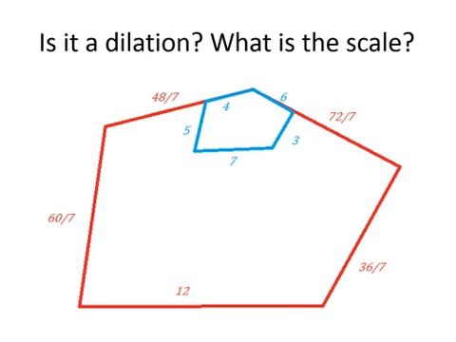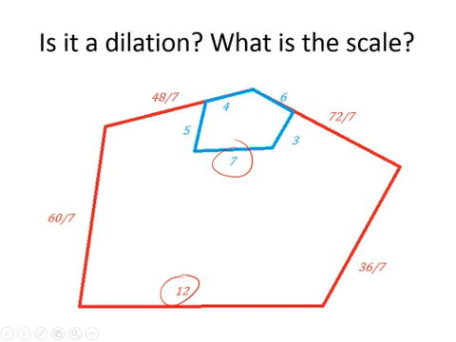Now we want to see if it is a dilation, and then what the scale is. If it was a dilation, every single side has to agree with the scale. What you can do is take a division of each one. New over old, we'd go 7 over 12, and see what we get as a decimal.